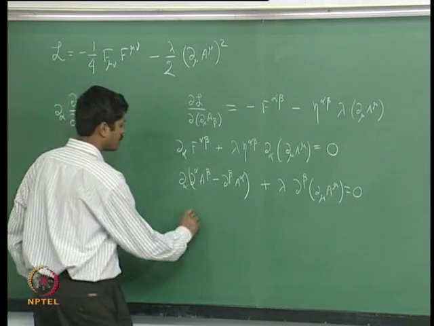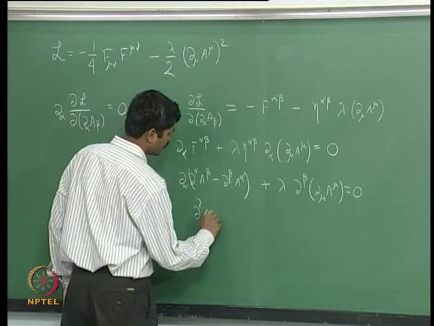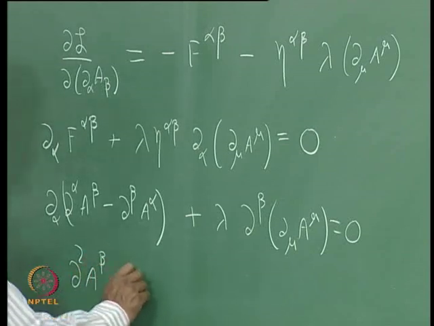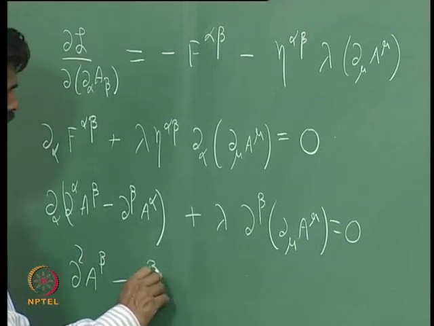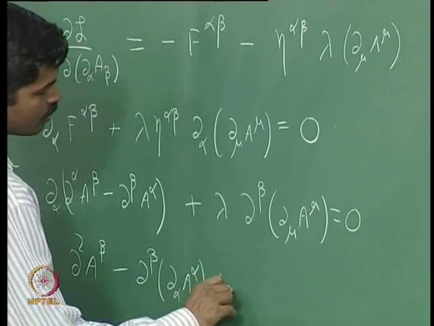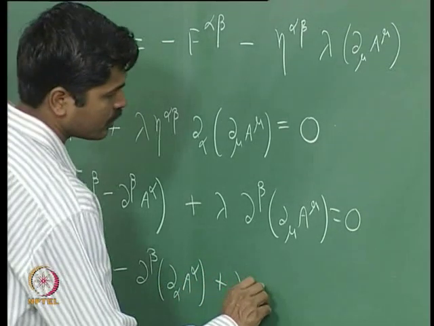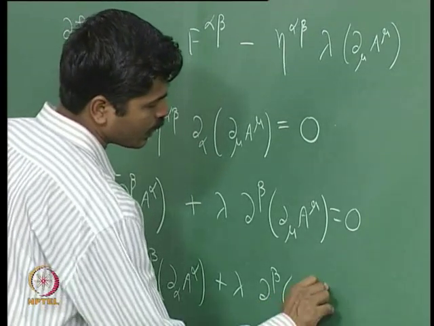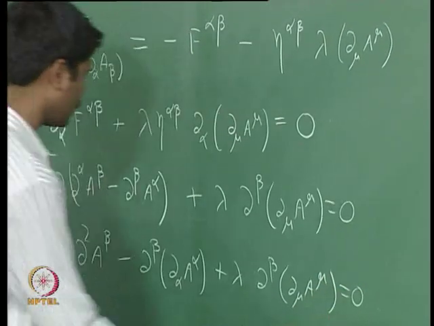This one is nothing but del square acting on A beta minus del beta acting on del alpha A alpha, plus lambda del beta acting on del mu A mu equal to 0.